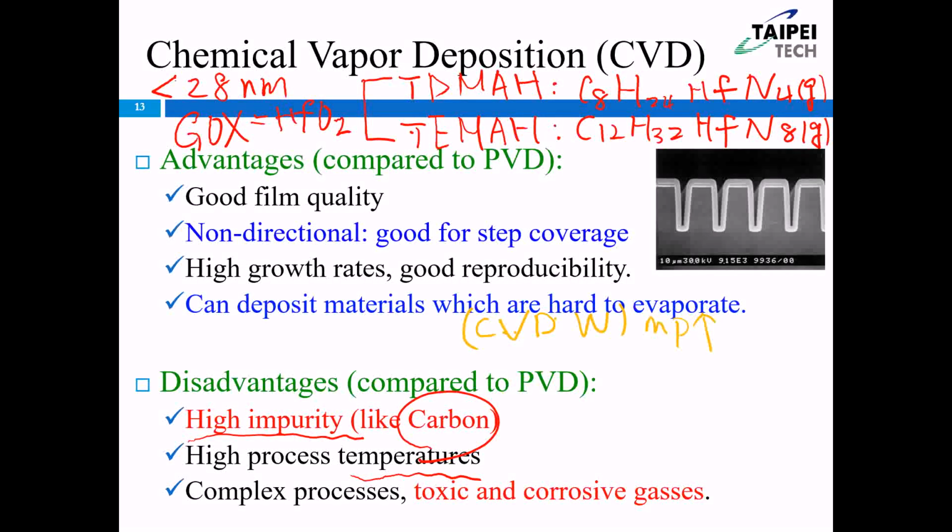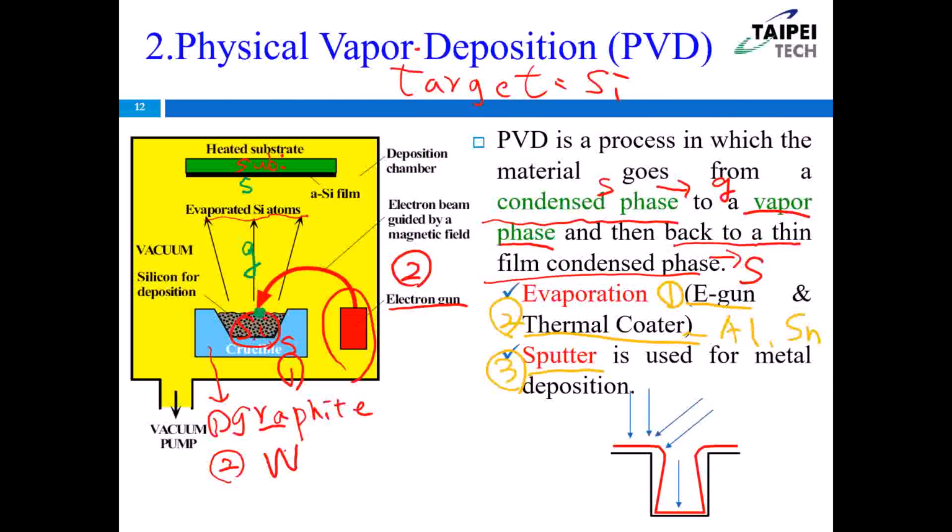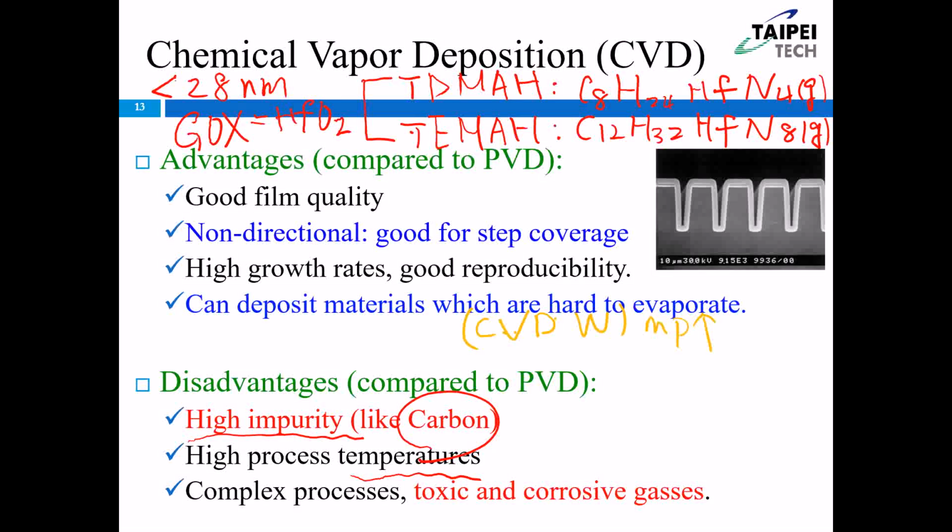And also the process temperature is higher. For the PVD, we can deposit the film under room temperature. However, for the CVD, we need to use high temperature, or we need to use plasma to dissolve all of these compounds into, for example, hafnium element.